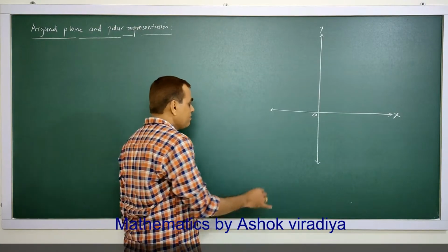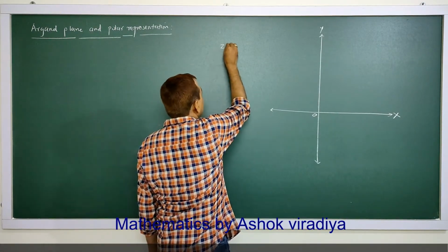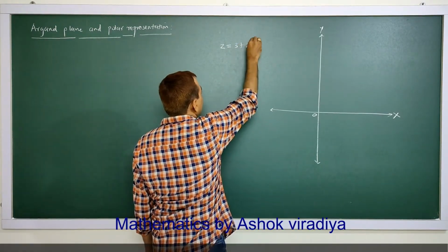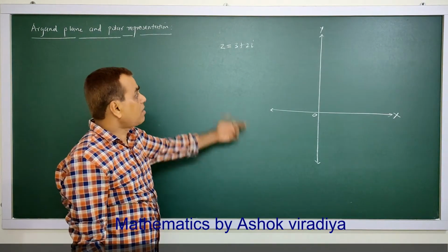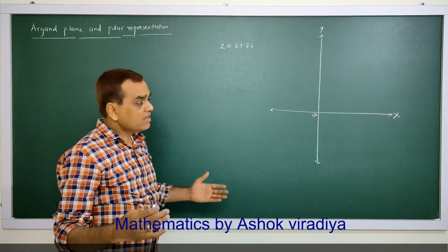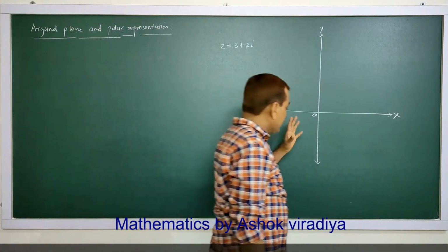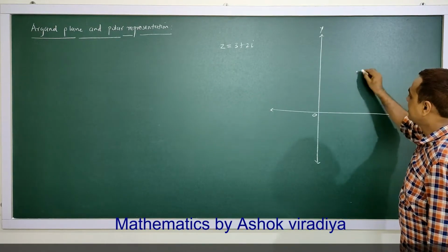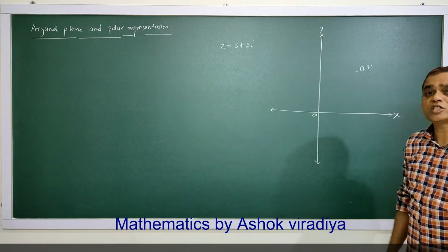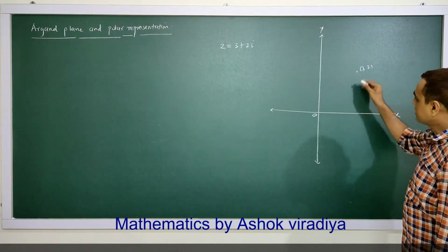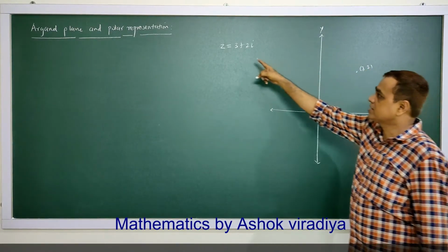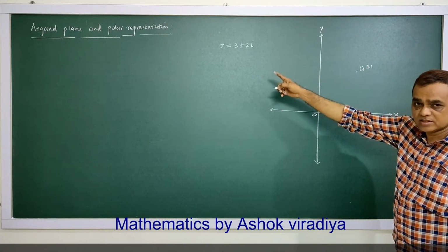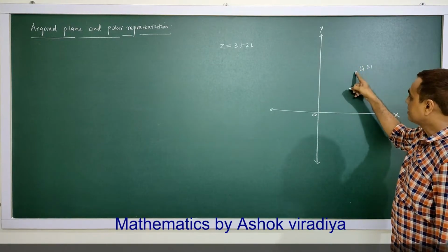Now, if we discuss a complex number 3 plus 2i, there is a point in this plane whose x coordinate is 3 and y coordinate is 2. So the coordinates of this point are (3, 2), and this is the complex number 3 plus 2i. So this complex number is related to this point.